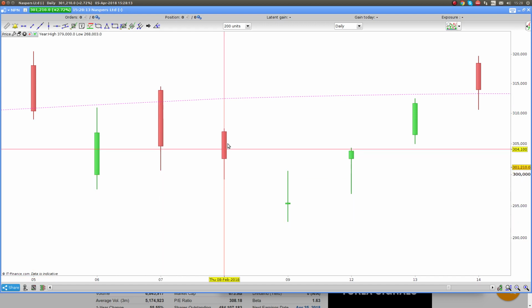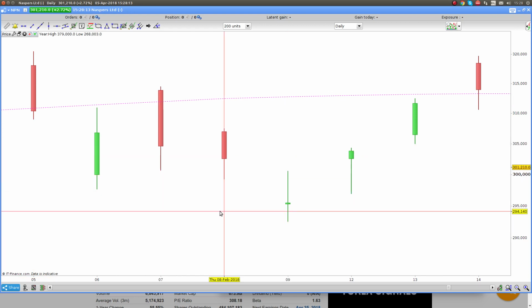However, each candle can tell you a different story, and that's where you start looking at the different candle patterns, and you start hearing things like dojis and spinning tops and spinning bottoms and hanging man and pin bars and inside bars, etc.